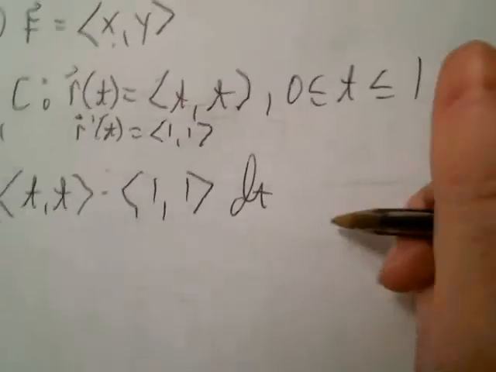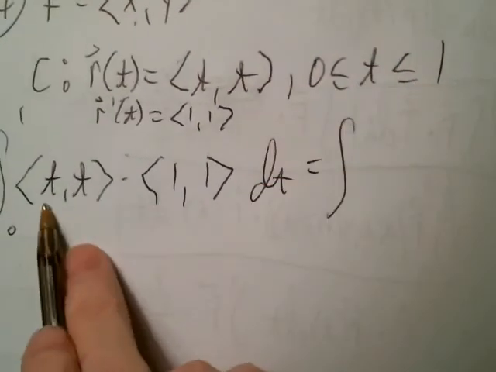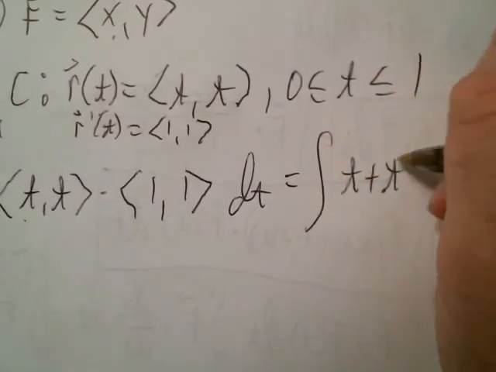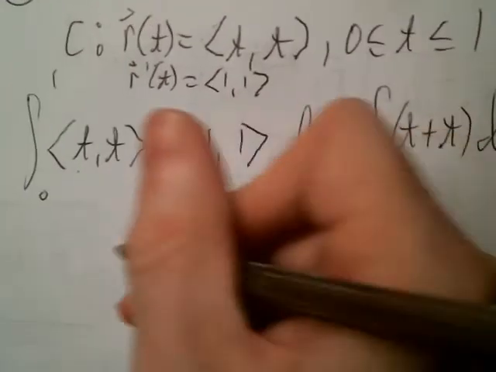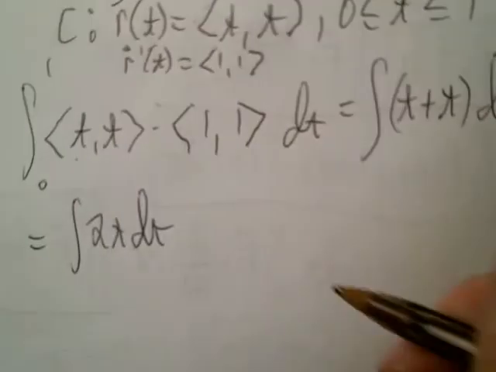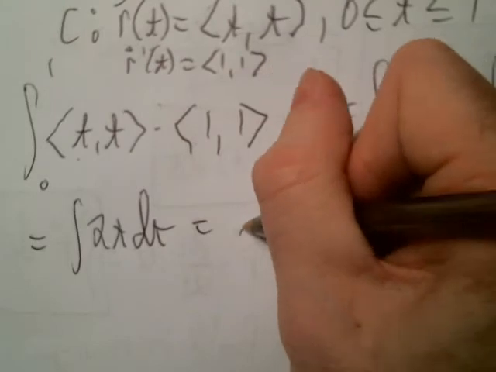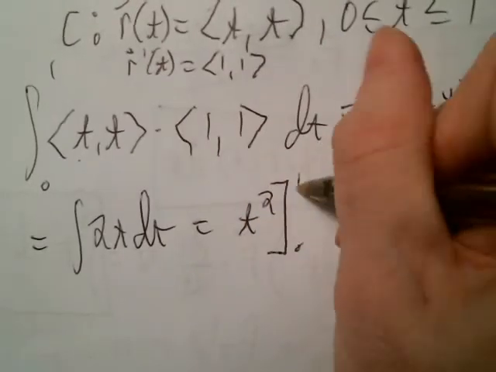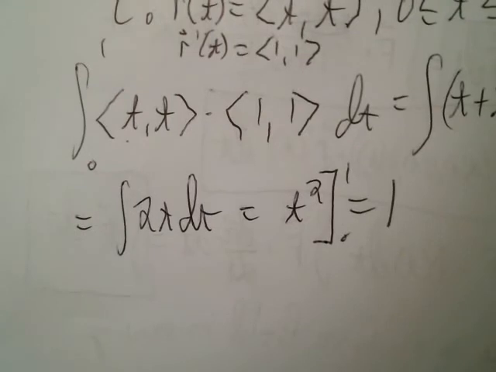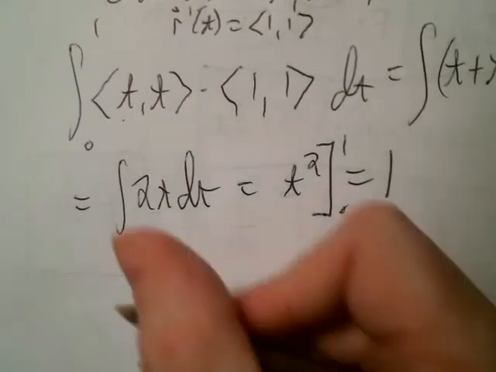That's it. So the dot product, this times this plus this times this, is t plus t dt. So that's equal to the integral of 2t dt, which of course is 2t squared over 2. So t squared evaluated from 0 to 1 is just 1. And that's your answer. Okay, let's do another.